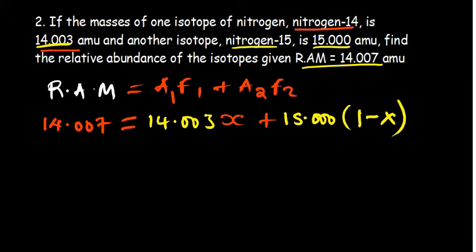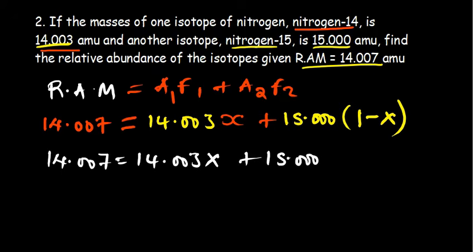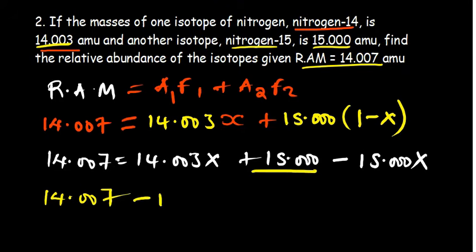So quickly we try to find the value of x. Multiply by 15. You have 15.00 for the one, and then again you have minus 15.00x. So collecting the like terms, on the left hand side we have 14.007. This one will go the other side to be 15.00. On the right hand side we can quickly add this plus that.